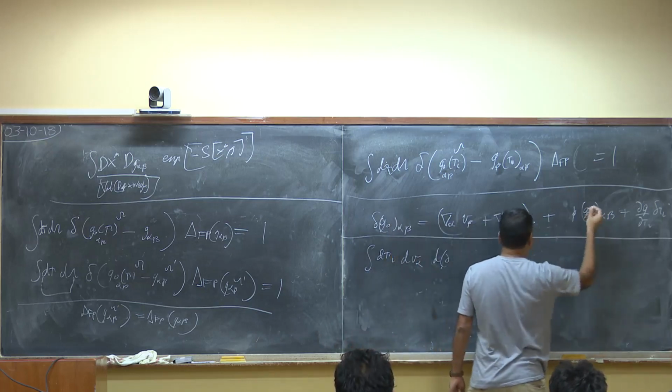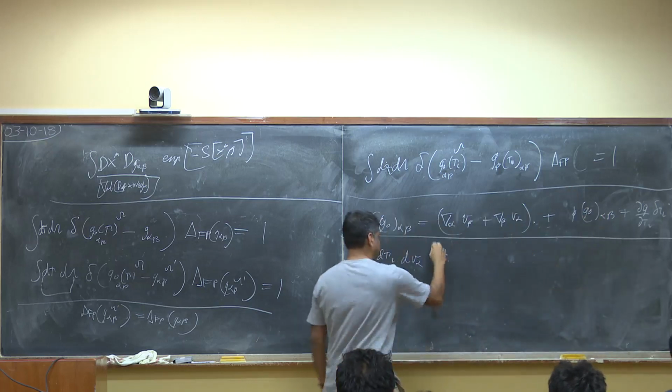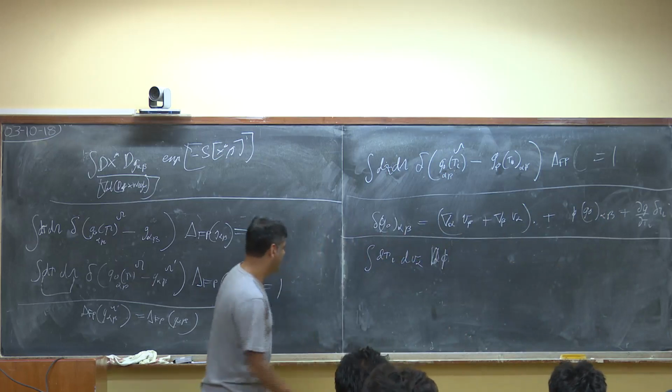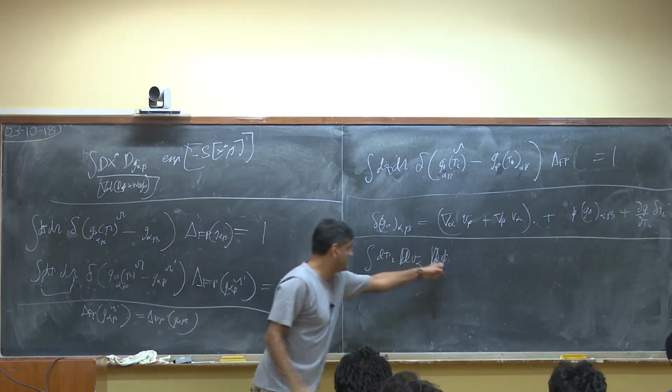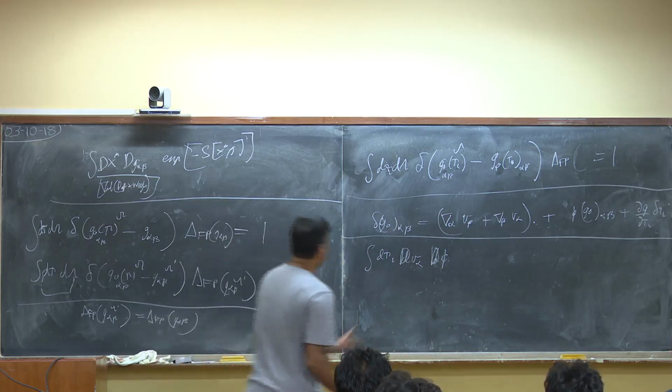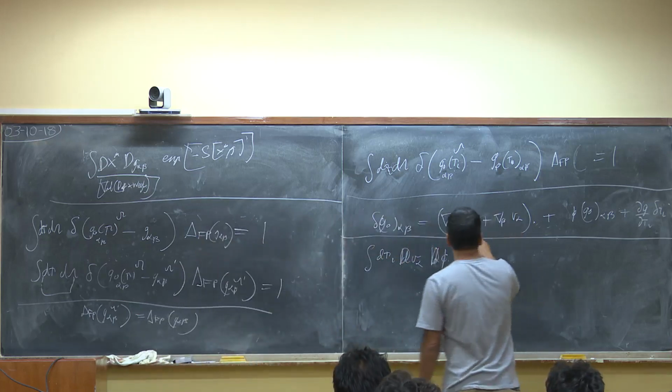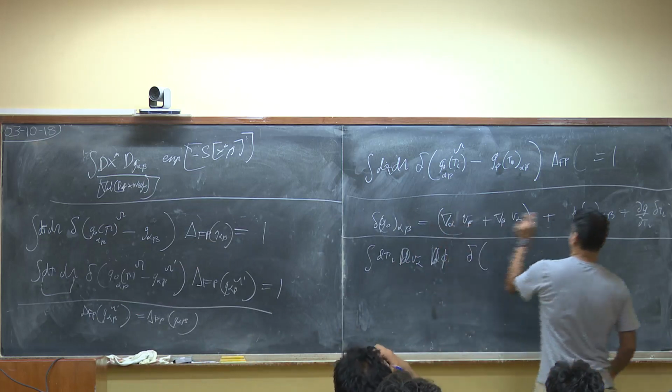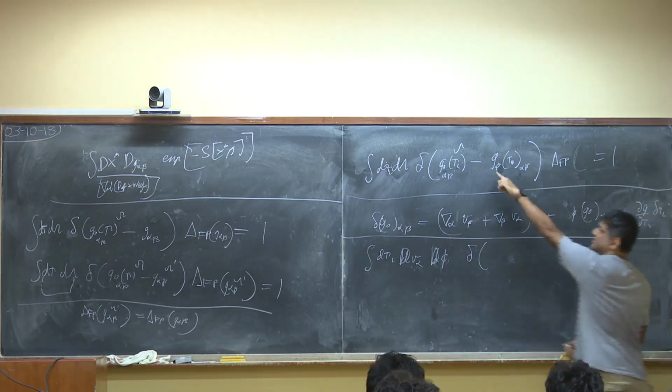These are path integrals, but this is an ordinary integral. And we've got this delta of what? Of this stuff, because the one part just cancels.